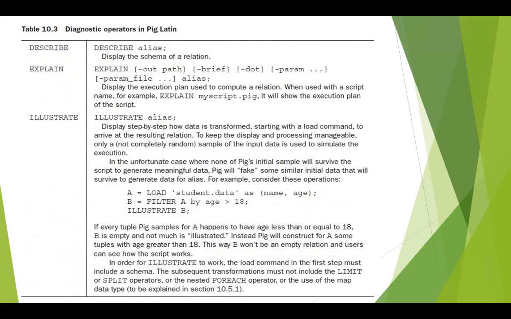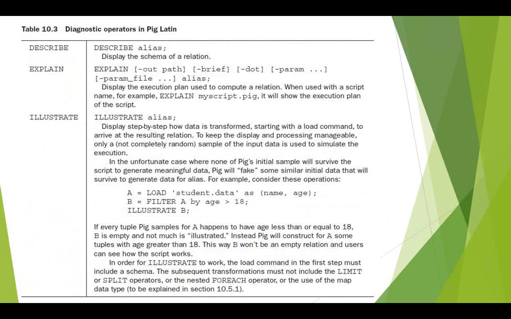Here on the screen, you may be able to see some extra operators, that is describe. What is the real meaning of describe? What is the function of describe? Simply to describe something. The same work is also done here in the case of pig. The describe command is used to describe. Then we have explain. This explain is used to explain the things.